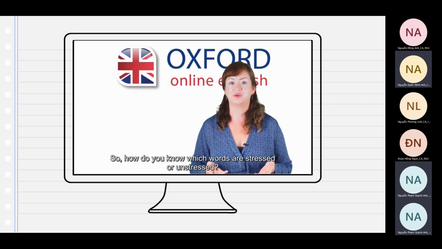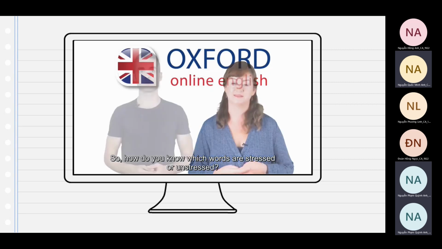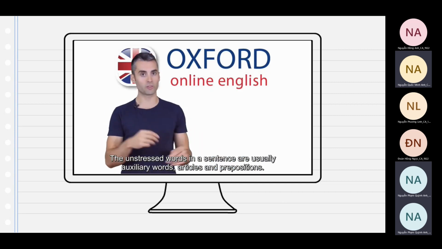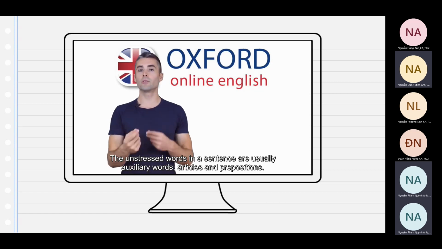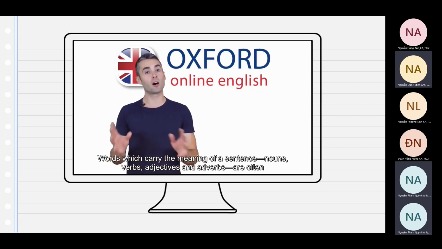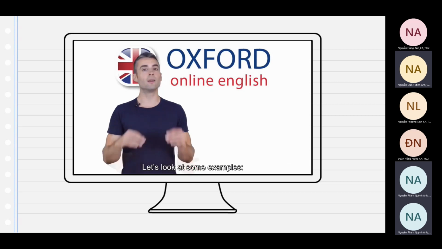So, how do you know which words are stressed or unstressed? The unstressed words in a sentence are usually auxiliary words, articles, and prepositions. Words which carry the meaning of a sentence, nouns, verbs, adjectives, and adverbs, are often stressed.